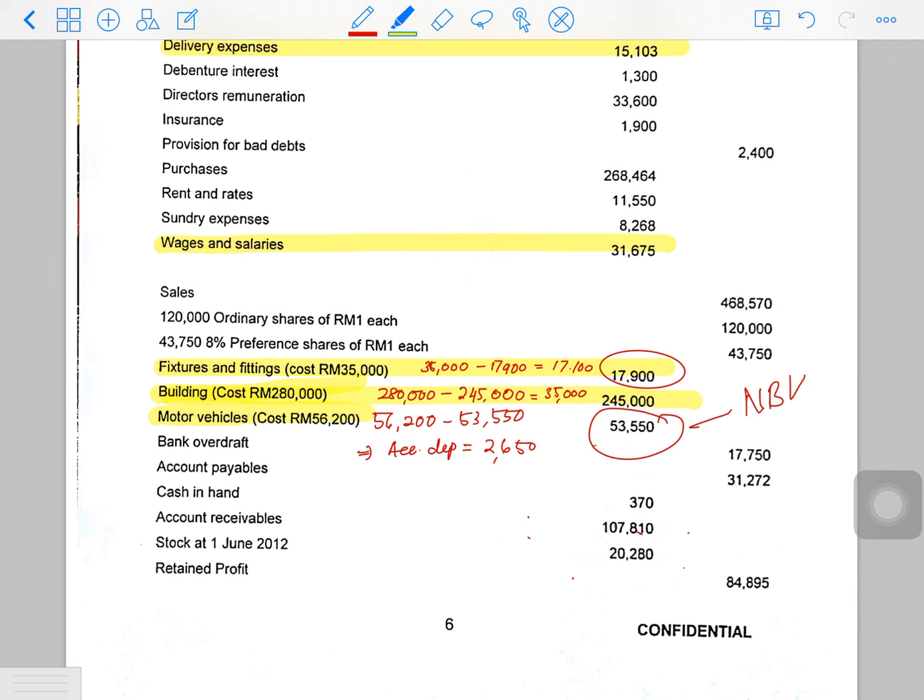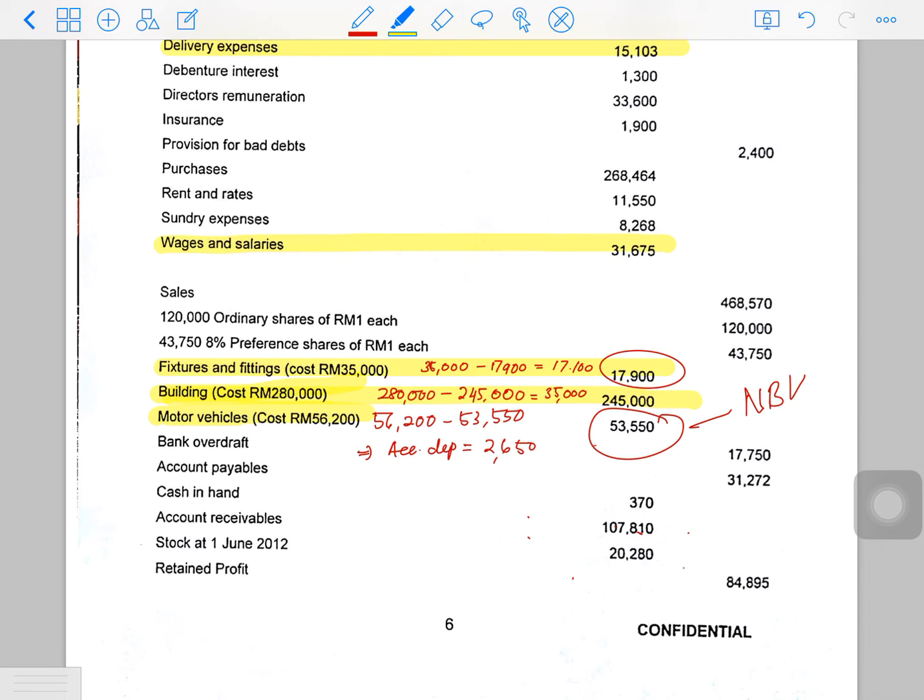Next we have prepayment, right? Prepayment for prepaid rent. So the double entry will be debit what? Debit prepaid rent 200, and credit rent expense. So you have to look at your rent expense in your trial balance, how much you have.